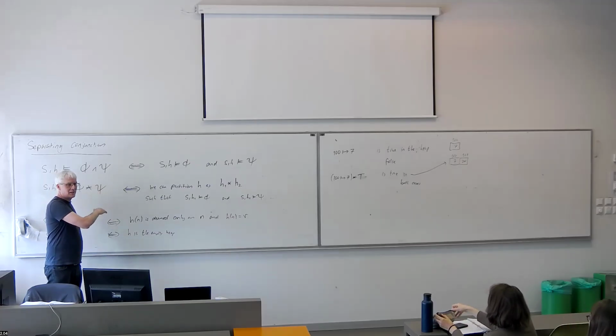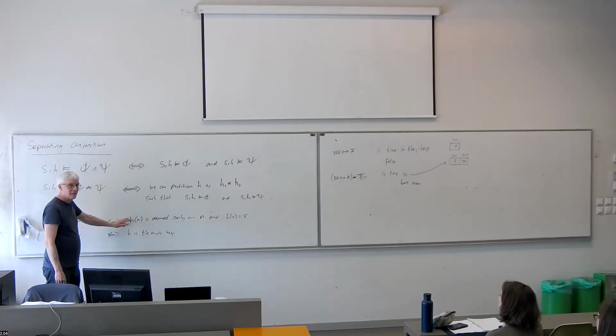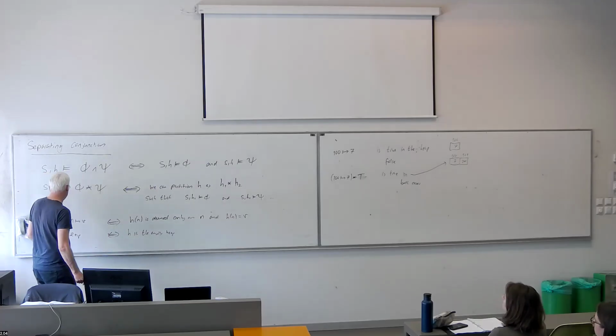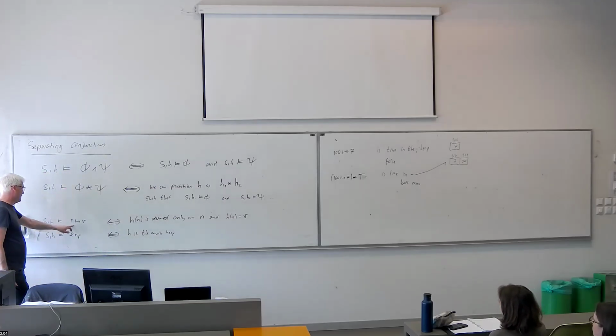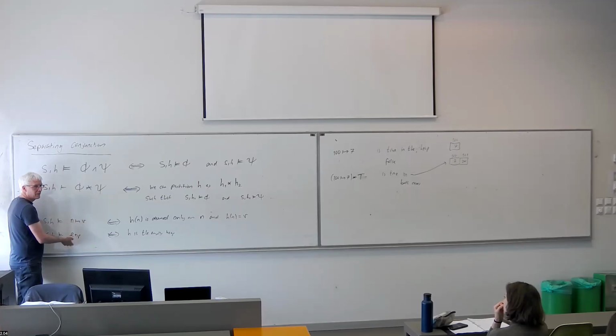When we start again next week, we'll start with the separating conjunction and how it's applied to program verification. To end today, we've got the definitions of the separating conjunction, the one cell allocated and the empty heap property. Next week we'll see how we can use such things.